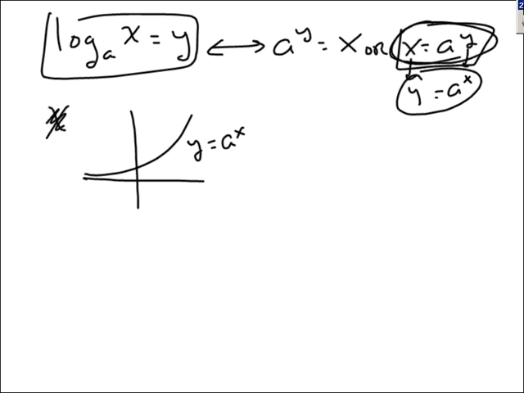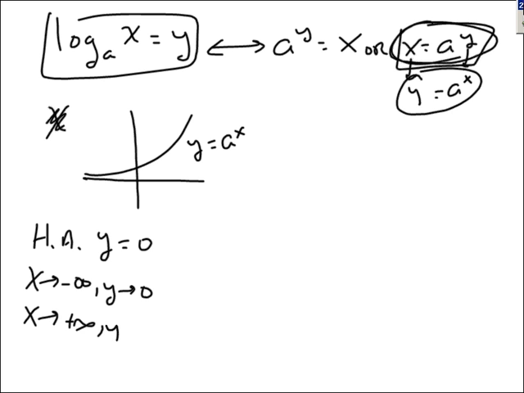Well, it's getting close to the x-axis. Horizontal asymptote is y equals 0. When x goes to negative infinity, y goes to 0. And when x goes to positive infinity, y goes to infinity. Well, these get reversed.